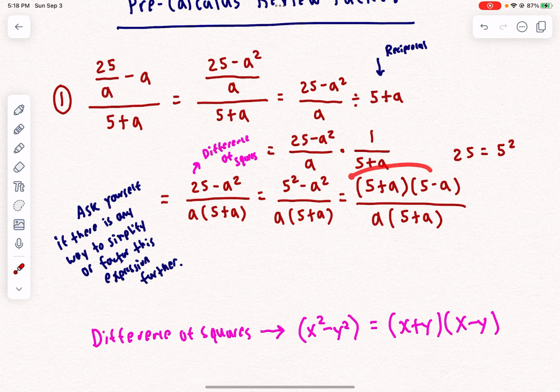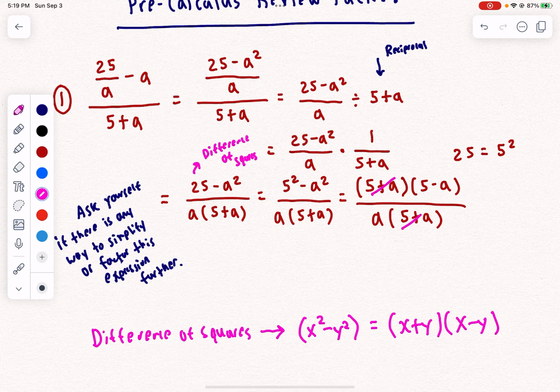And in this expression, after we factored the numerator, notice that you have the 5 plus a in the numerator and in the denominator. So at this point, you can cancel out these factors right here. Okay.